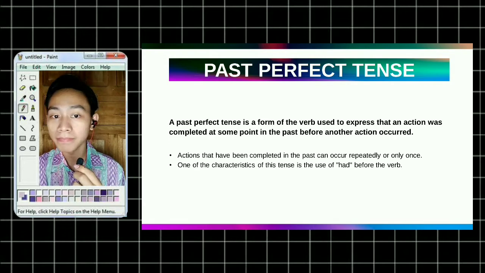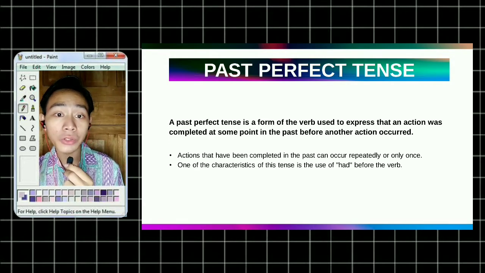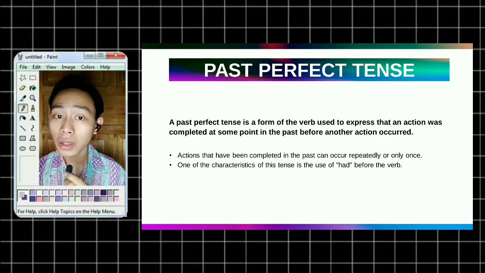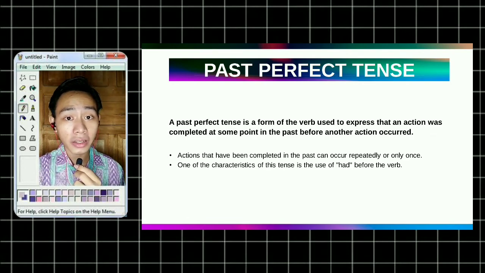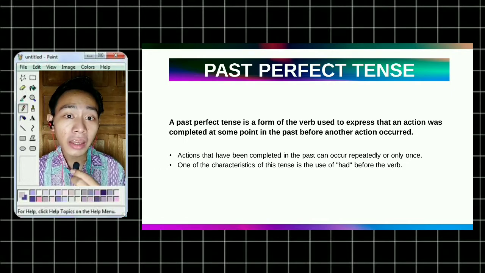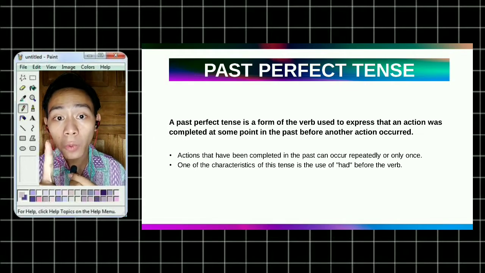Does anyone know? Okay, past perfect tense is a form of the verb used to express that an action was completed at some point in the past before another action occurred. Actions that have been completed in the past can occur repeatedly or only once.